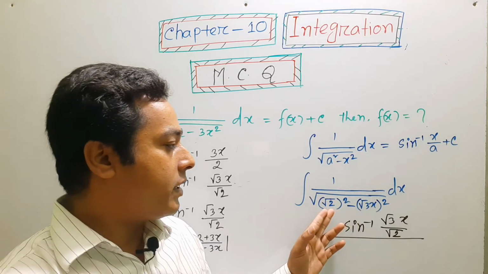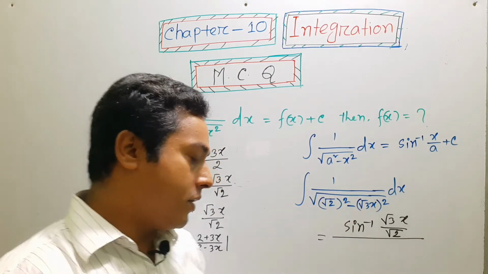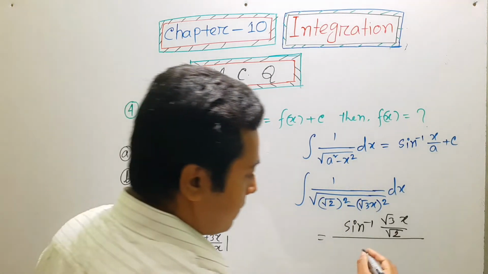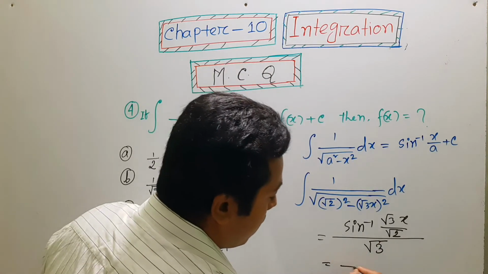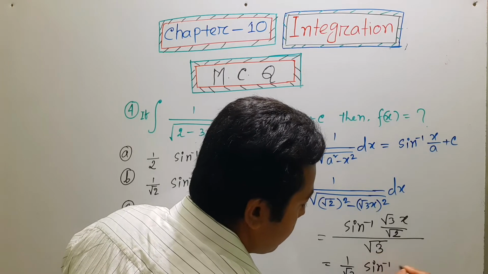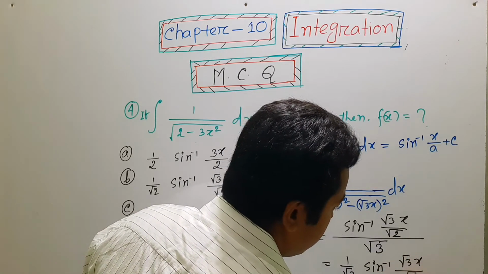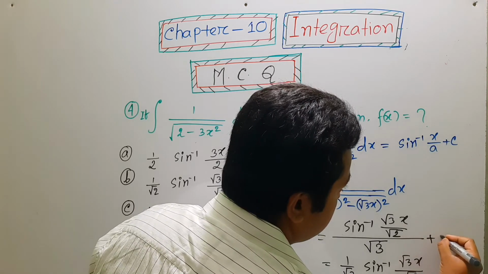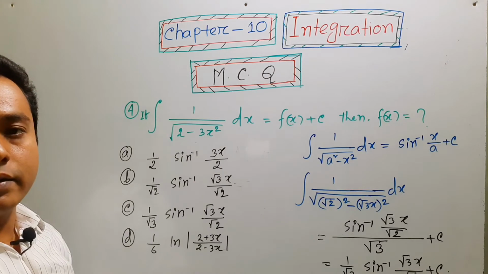Here the constant involved with x is root over 3, so divide by root over 3, and here we can write it 1 by root over 3 sin inverse root over 3x divided by root over 2, plus integral constant c.